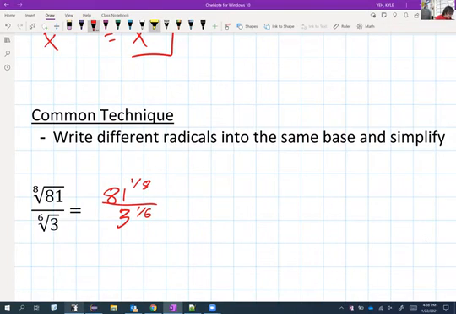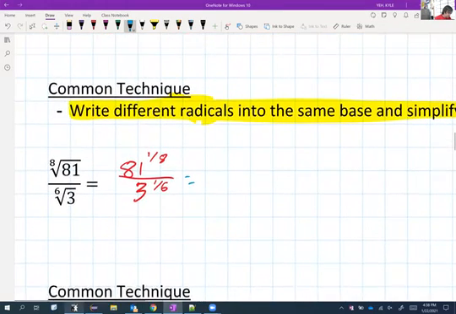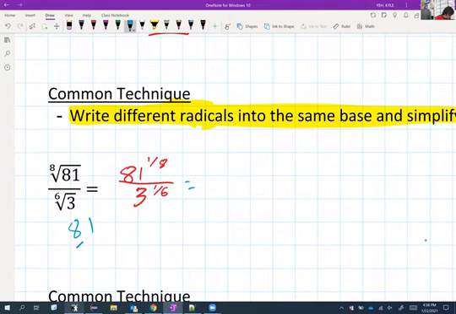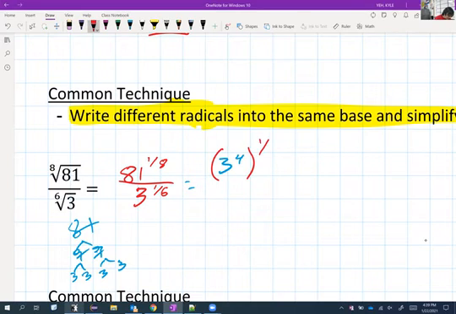But can we write these different radicals into the same base now that we have it in exponential form? In other words, what if we expressed 81? 81 is 9 and 9, 3, 3, 3, 3. I like this because it's 3 to the 4th, and that's kind of nice. 3 to the 4th, I'm rewriting my 81 to the 1/8 over 3 to the 1/6.